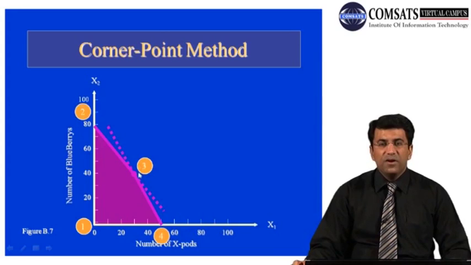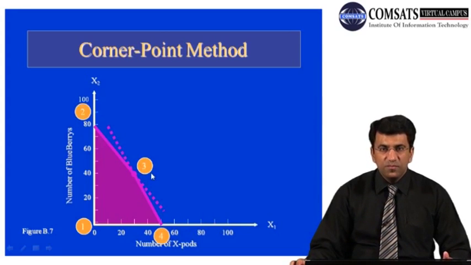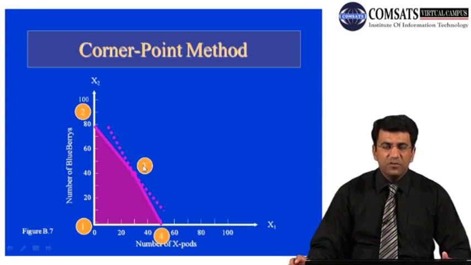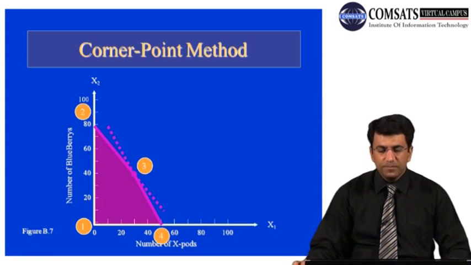And this is another point whose value we don't know up to now. That is the intersection of both of these lines, line 1 and line 2. So we will have to determine this point 3 through the intersection method of solving the equations. This is the point of intersection of equation 1 and equation 2.